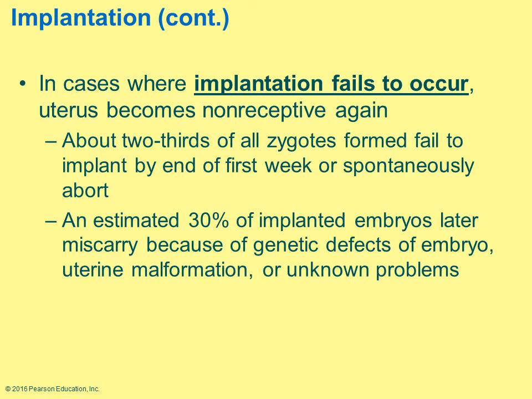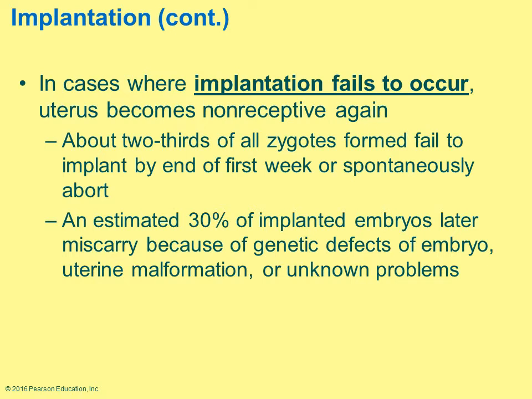Why does this happen? It may be due to genetic defects of the embryo. It may be due to some defect with the uterine, the endometrial layer is not formed properly, or there may be no reason whatsoever that you can detect initially why this has happened.